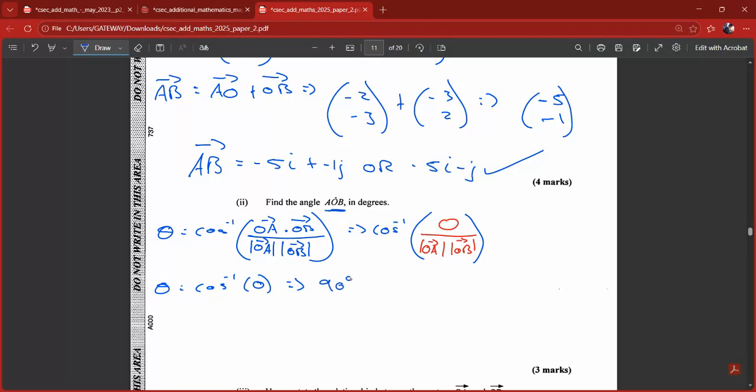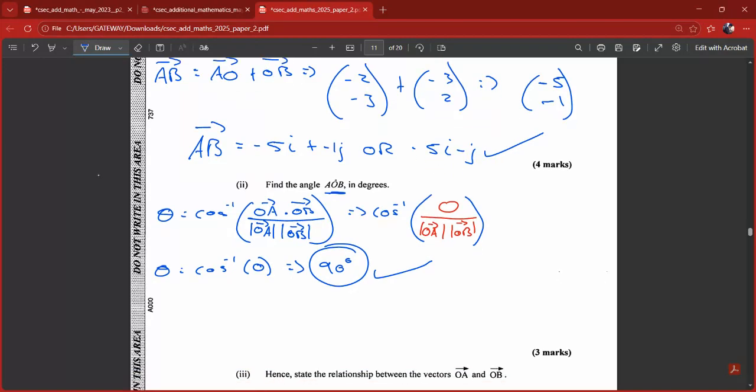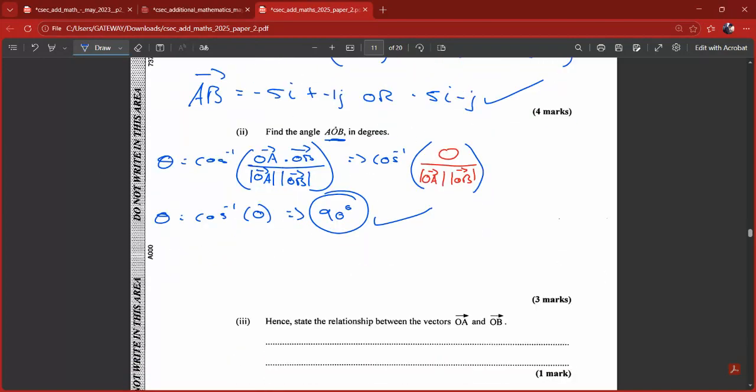Now, if the angle is 90 degrees between the two vectors, what does that tell you about the two vectors? So the two vectors are perpendicular since the angle between them is 90 degrees.